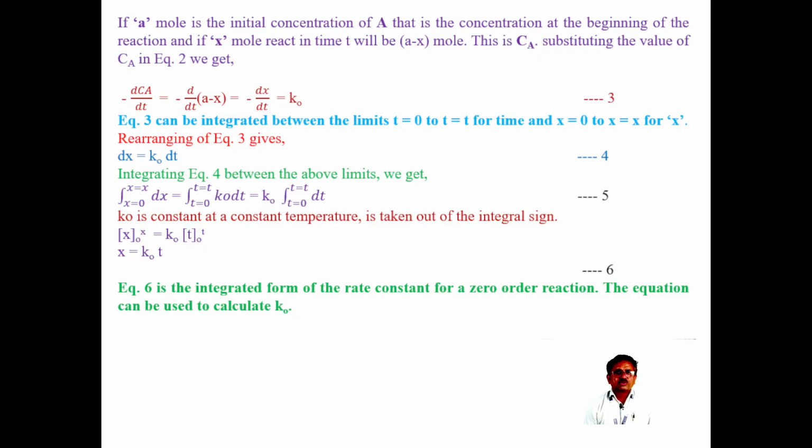Integrating equation 4 between the above limits, we get the integration of dx from x equals 0 to x equals the integration from t equals 0 to t of K0 dt, which equals K0 times the integration of dt from 0 to t. Here K0, being constant at a constant temperature, is taken out of the integral sign.